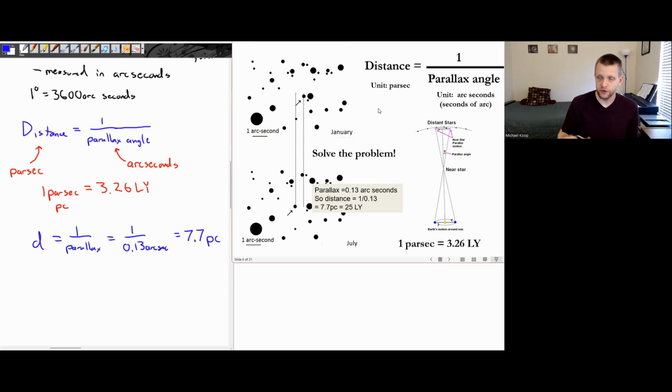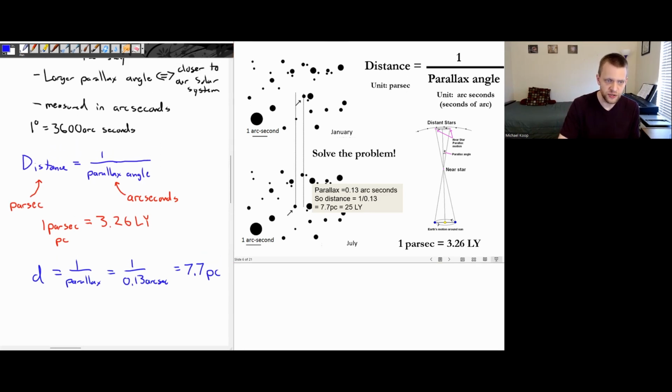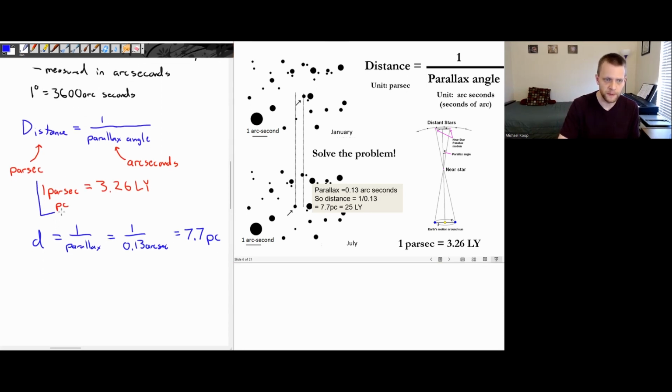If I wanted to convert that from parsecs to a distance in light years, we can use a unit conversion. If 1 parsec is 3.26 light years, we can do the conversion like this: 7.7 parsecs, and for every 1 parsec, that's 3.26 light years.